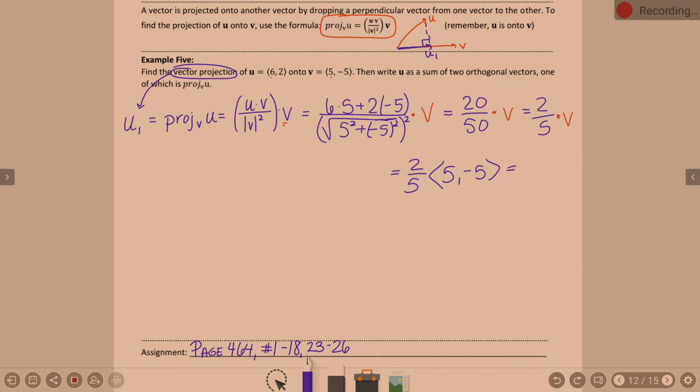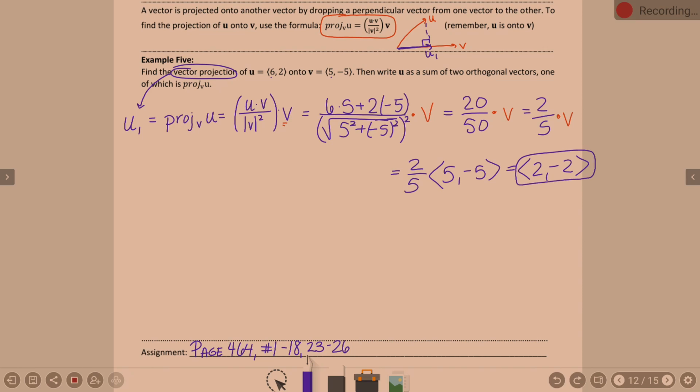Wait. You're upside down. Well, you were right on the first part, but then you became upside down. Yeah. I could go with 10/5, but really the 5's cancel, it's 2. Second part? 2/5 times -5 is -2.